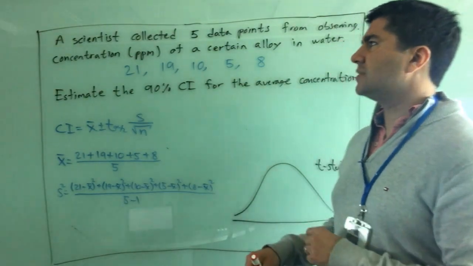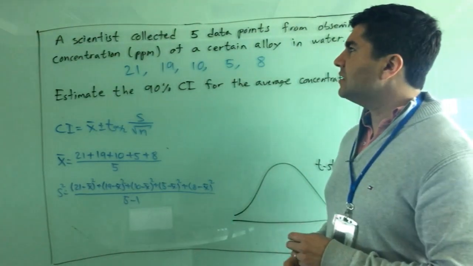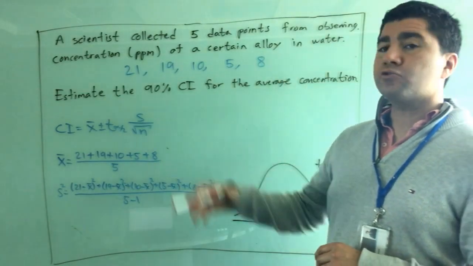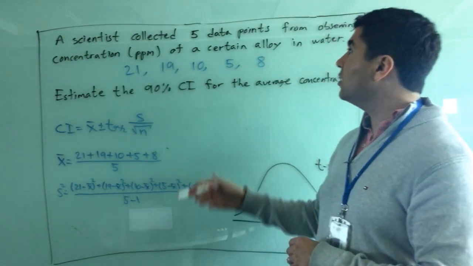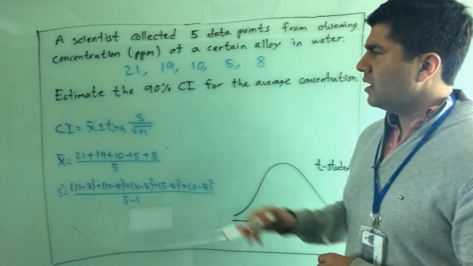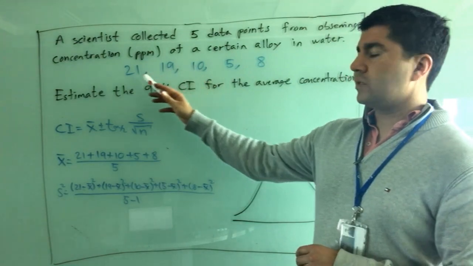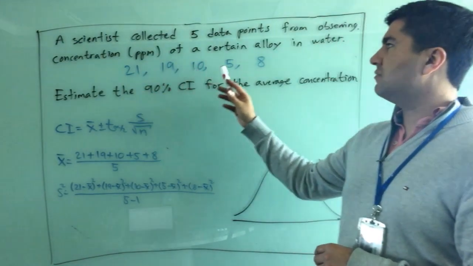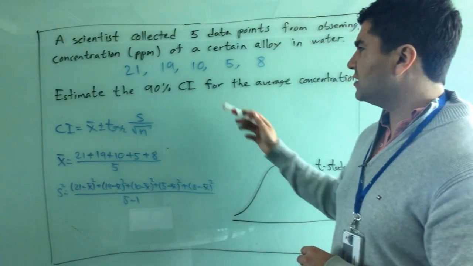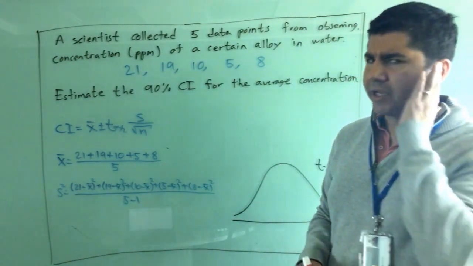In this exercise, the text says, a scientist collected 5 data points from observing concentrations in parts per million of a certain alloy in water. These are the data points 21, 19, 10, 5, and 8. Estimate the 90% confidence interval for the average concentration.